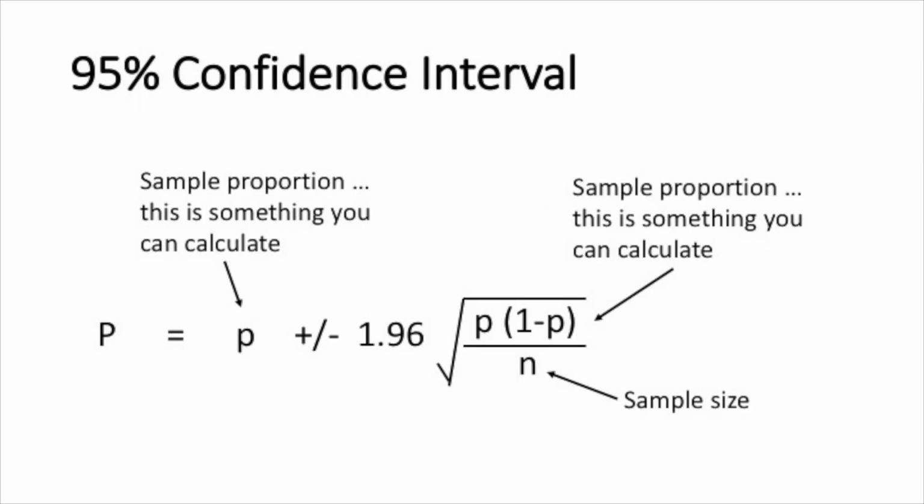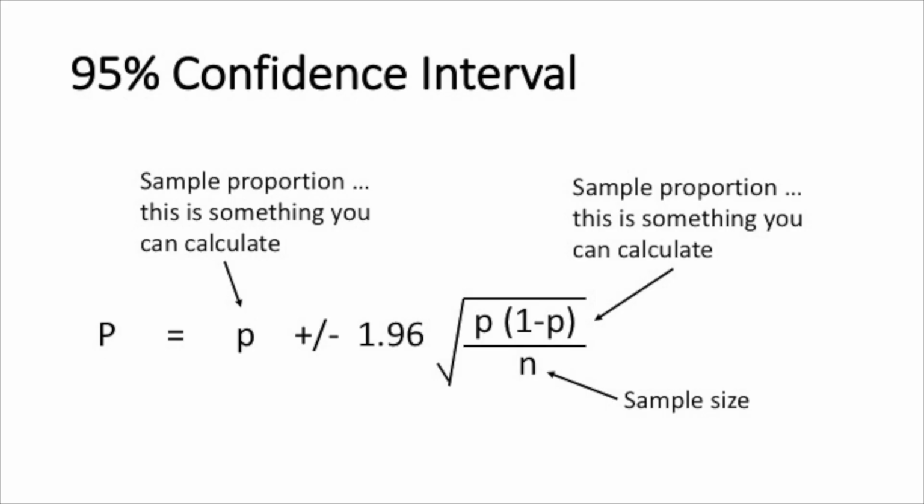Now we'll go back to the formula for the confidence interval. You have an uppercase P on the left-hand side. It represents the population proportion. That's what you're trying to estimate. It equals p, which is the sample proportion. That's something you can calculate after you go out and collect some data. Plus or minus 1.96.